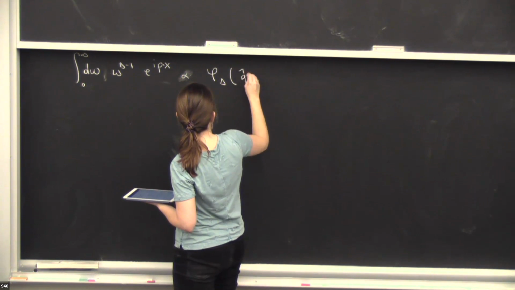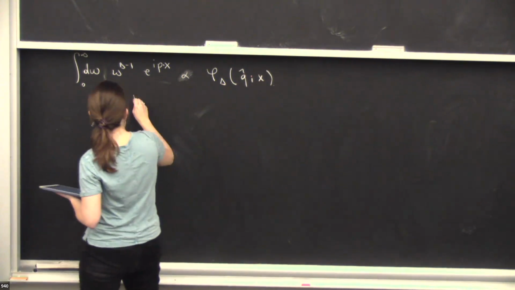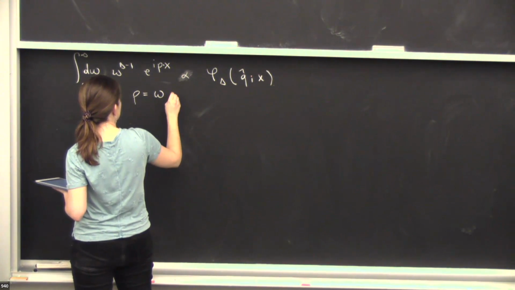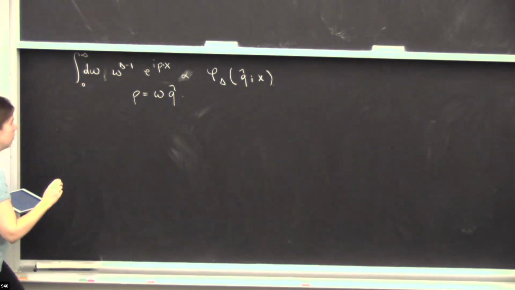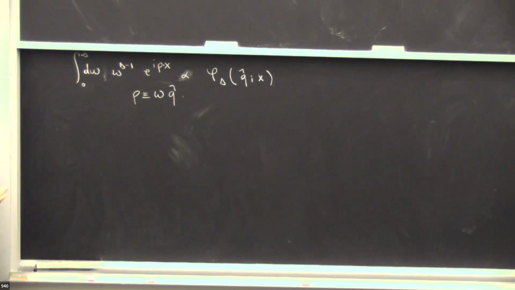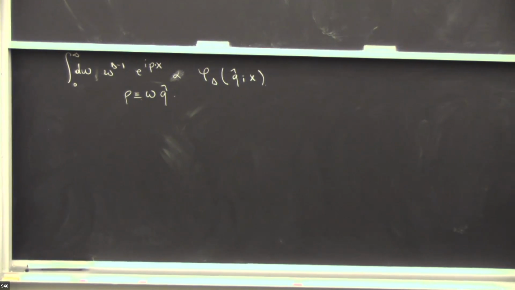So we have x, and here p is essentially omega times the null direction. Right? So we see that if I just take a Mellin transform of this formula, the Mellin transform will transform the plane waves precisely into these conformal primary wave functions.